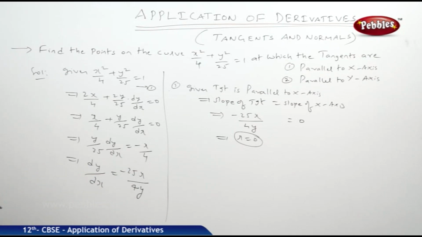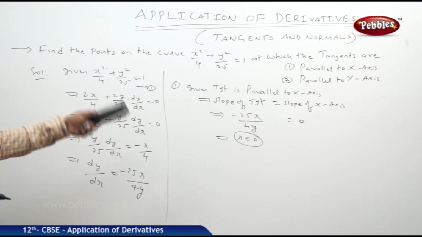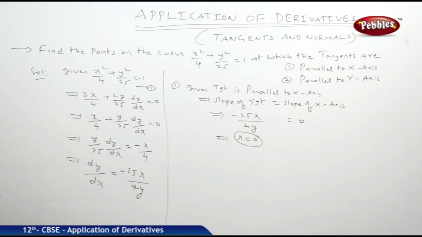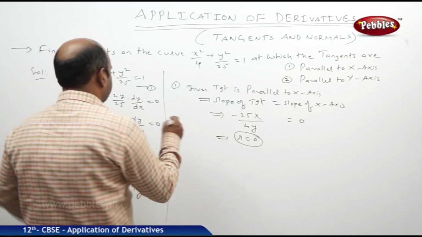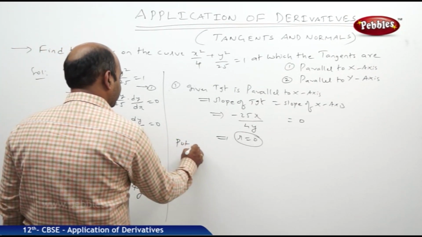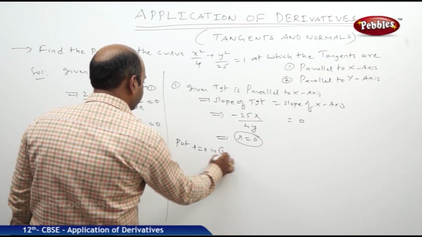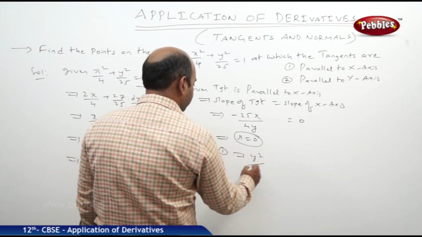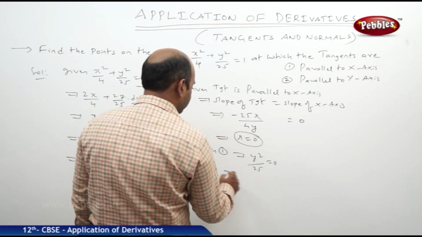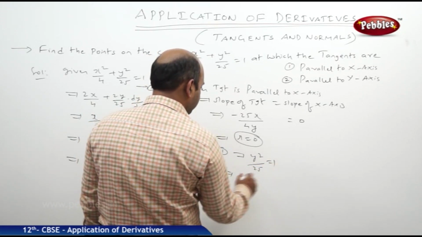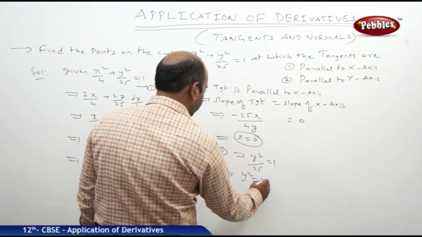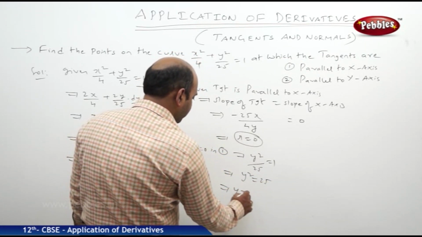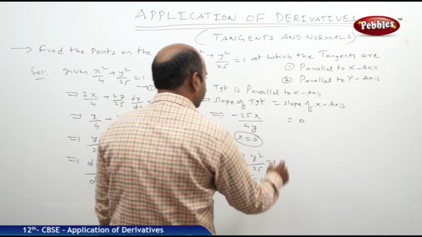Now I will be substituting x is equal to 0 in the given curve. Put x is equal to 0 in 1. If I put x is equal to 0 in 1, what happens? Y square by 25 equal to 1. So y square is equal to 25. That implies y is equal to plus or minus 5.